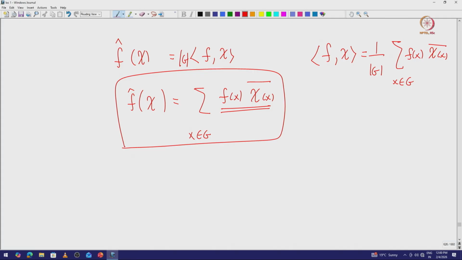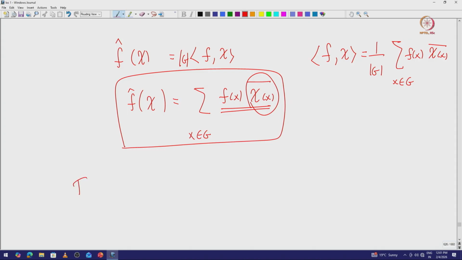Okay. So, that is what this f hat of chi indeed keeps tracking. Here we have actually put chi bar, but if you vary over all chi, then indeed what we actually record is all possible this summation f of x chi of x only.